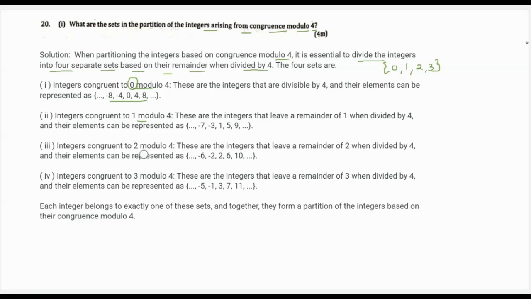Integers congruent to 2 modulo 4 give remainder 2: if I take 6 and divide by 4, 4 ones are 4, the remainder is 2. If I take 5 and divide by 4, the remainder is 1. For 3, 4 ones are 4, the remainder is 3.